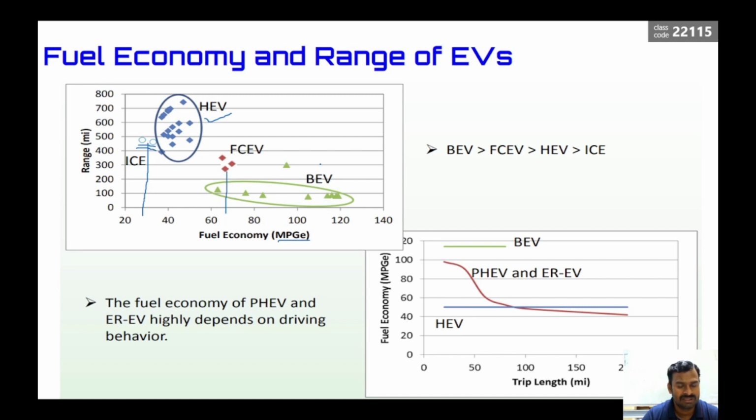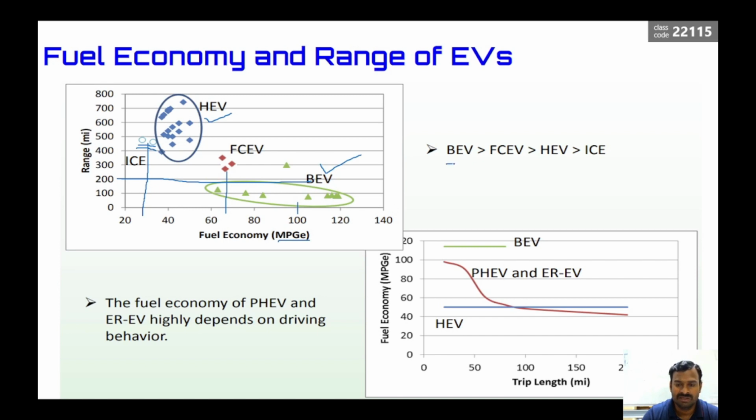And battery electrical vehicles, that is BEV, pure electrical vehicles. For these, you can see a range of almost around 150 to 200 kilometers. The fuel economy also depends on the different manufacturers, and it is more than the other vehicles.